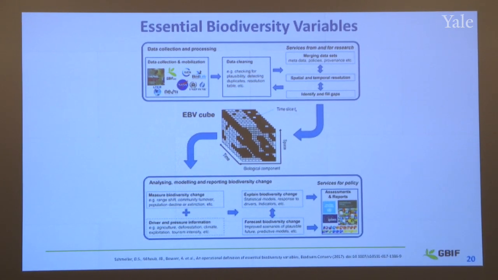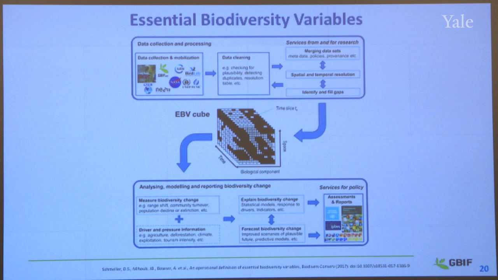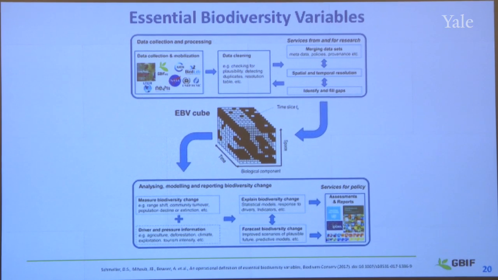So in the center here is a key component of the EBV framework: create a data cube that has space, time, and then the other axis is either species or ecosystem function or some other key parameters that we wish to delve more deeply into.